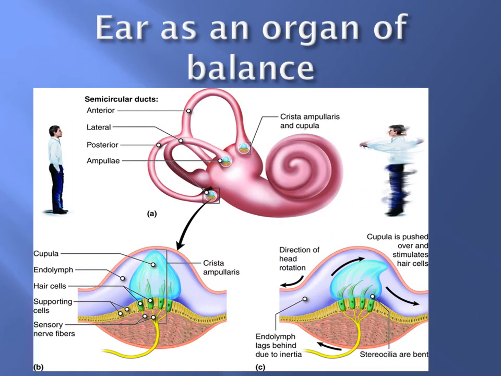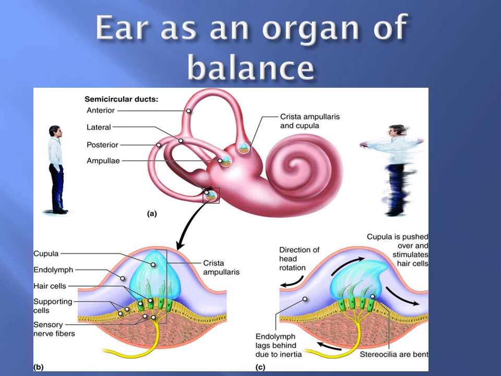So here you can see how the ear acts as an organ of balance. So there are semicircular canals as well as the sacculus and utriculus, which are the parts of the ear responsible for the sense of balance.